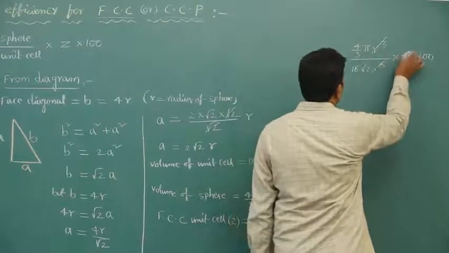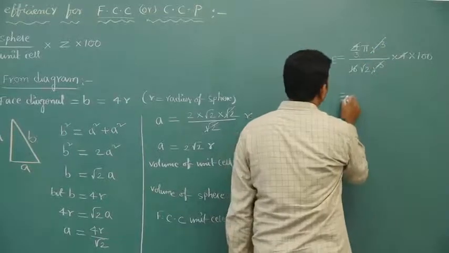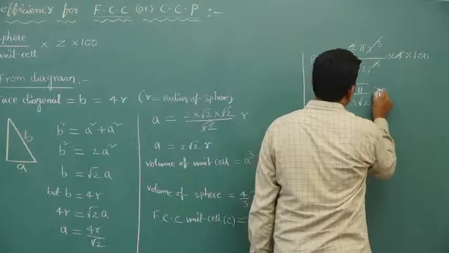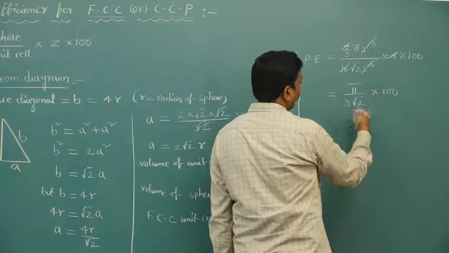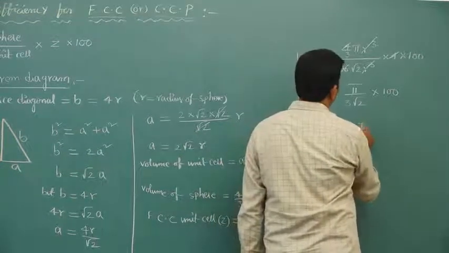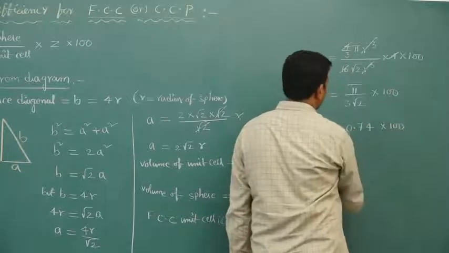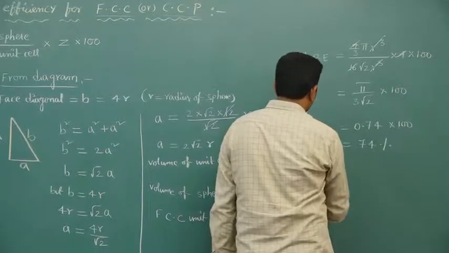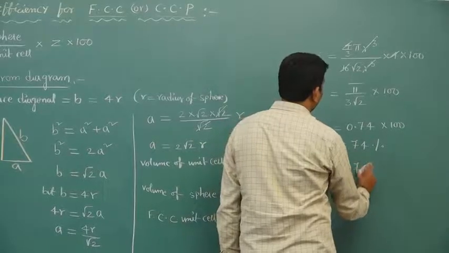So, 4 into 4, that is 16, 16 get cancelled. So, remaining term pi by 3 root 2 into 100. So, if you calculate pi by 3 root 2, you will get a value of 0.74 into 100, that is equal to 74%. So, packing efficiency for FCC is 74%.